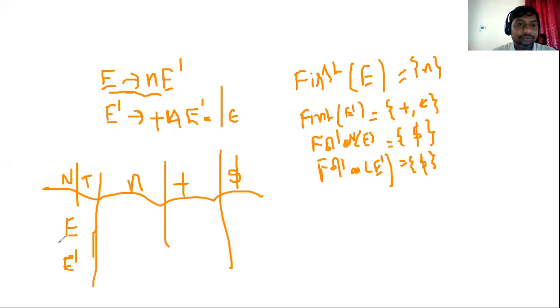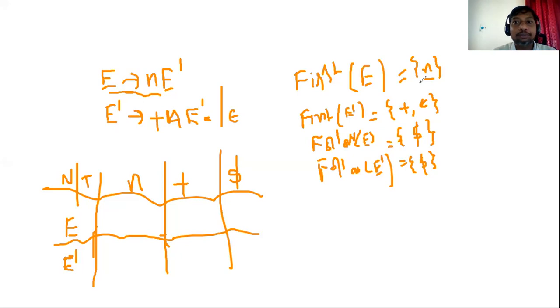Now see, first we need to consider the first of E. For each symbol in the first of E, we have to add the entry corresponding to E with that symbol, the production rule which gives us that first symbol.